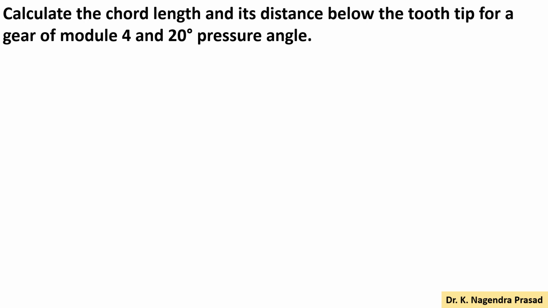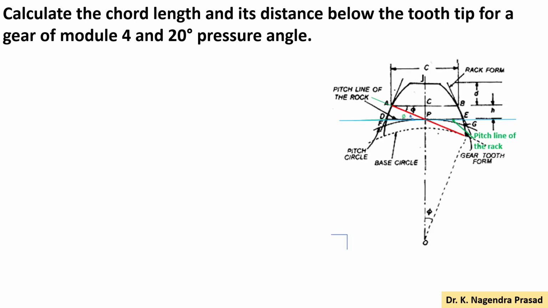Let's see the second question. Calculate the chord length and its distance below the tooth tip for a gear of module 4 and 20 degree pressure angle. Let's consider chordal length as C and distance below the tooth tip as small d.